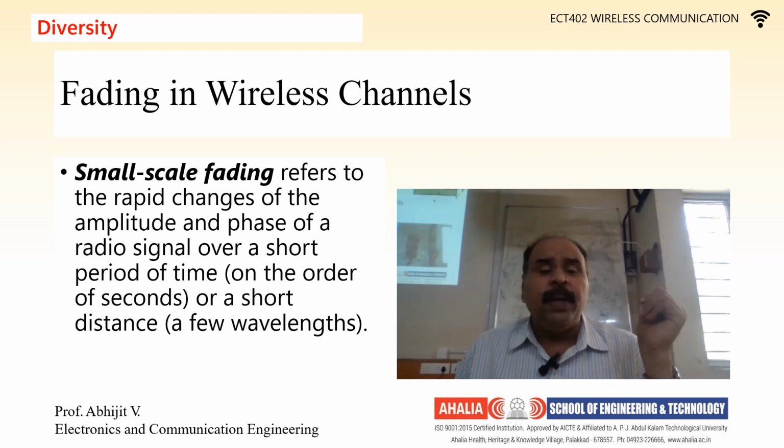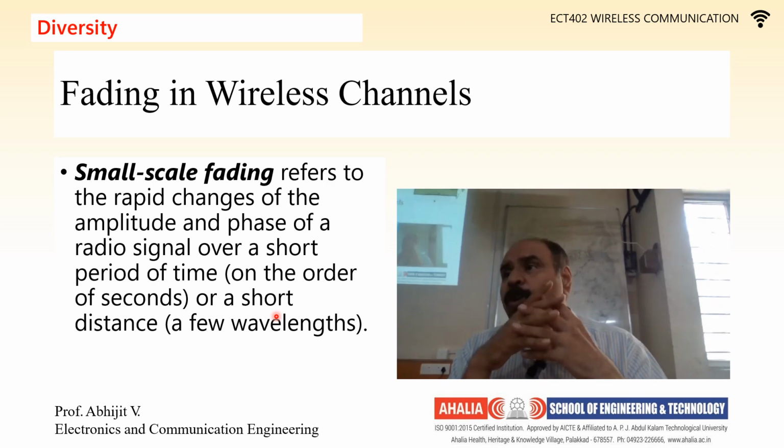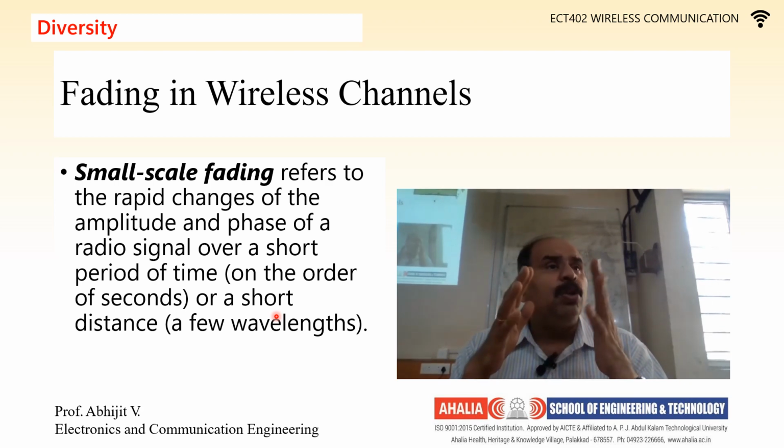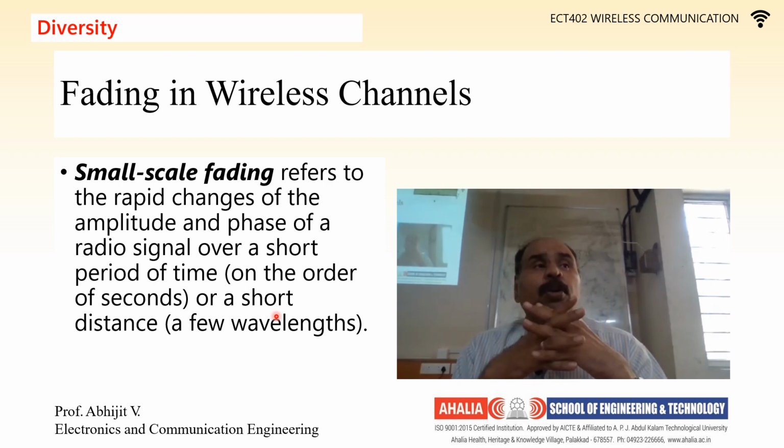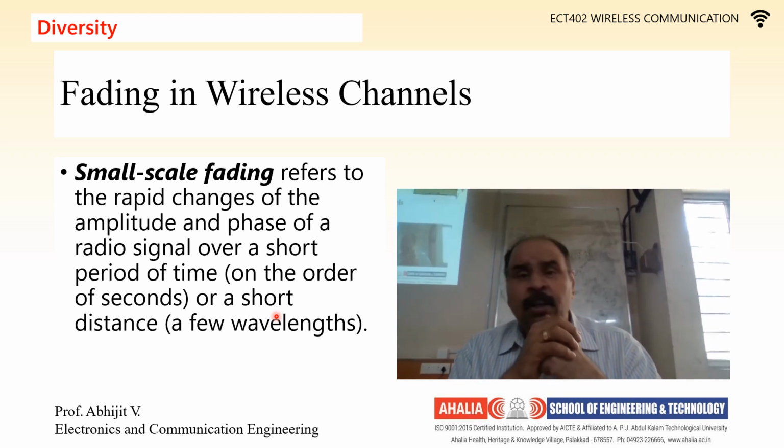Small scale fading refers to the rapid changes of amplitude and phase of a radio signal over a short period of time, on the order of a very few seconds, or over a very short distance. We have already studied what small scale fading is. We just want to recall it because we are going to use different mechanisms to mitigate small scale fading.